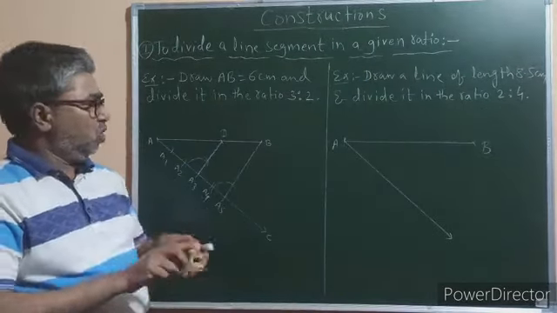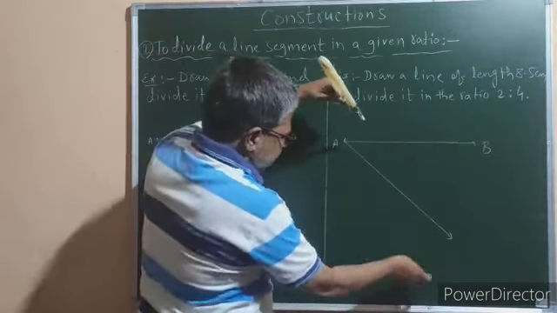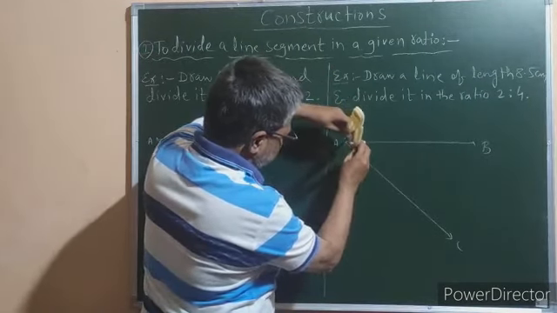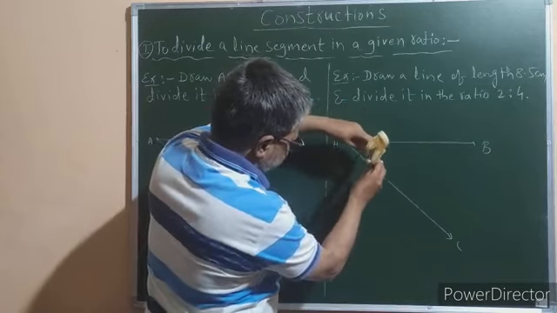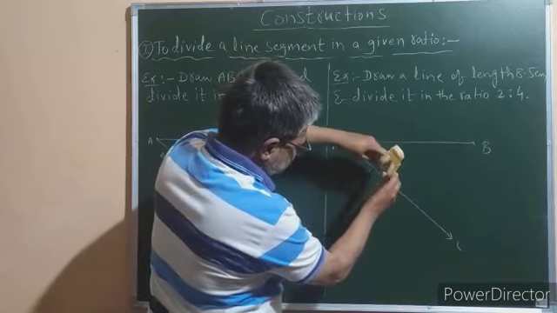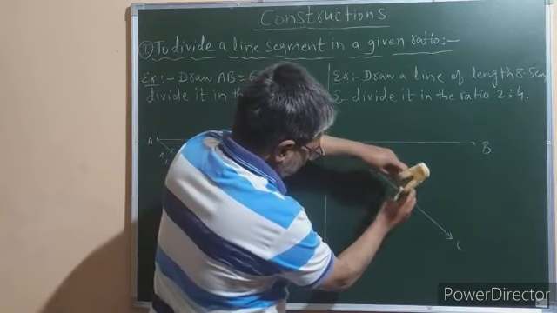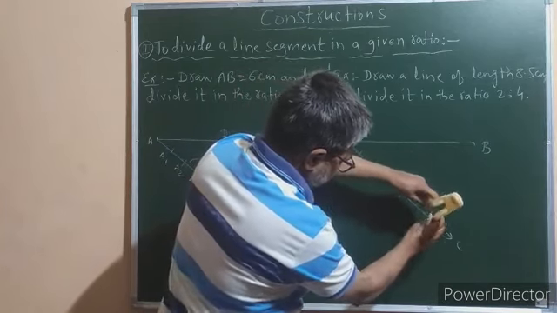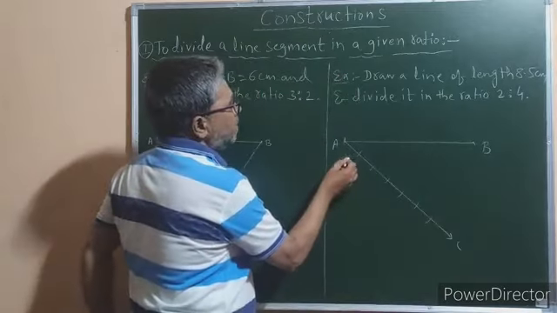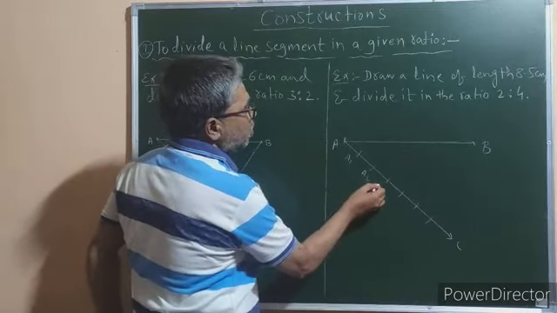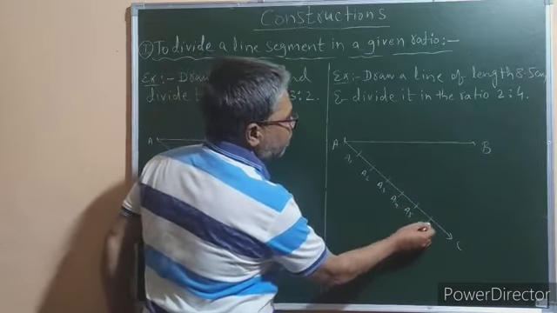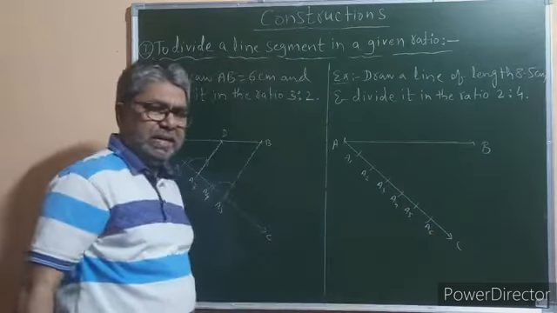So you have to cut the ray AC 6 times by taking the suitable distance on the compass. This is 1, 2, this is 3, this is 4, this is 5, and this is the 6th one. Okay, you name them as A1, A2, A3, this point as A4, this will be A5, and lastly this will be A6.